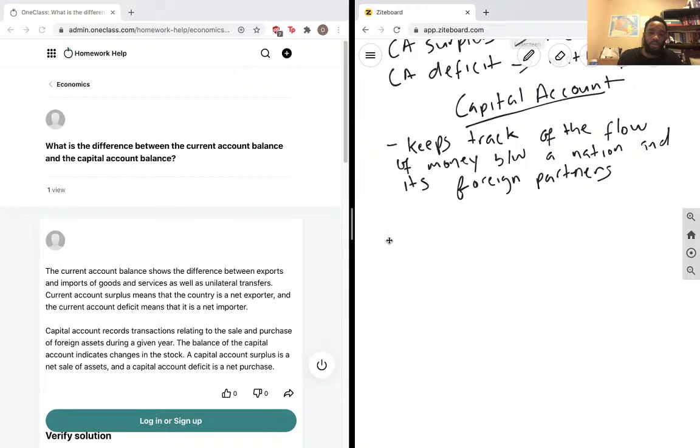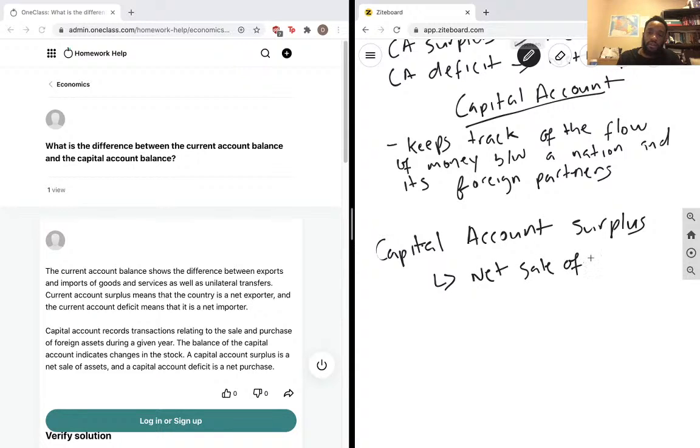And when there is a capital account surplus, it is a net sale of assets.